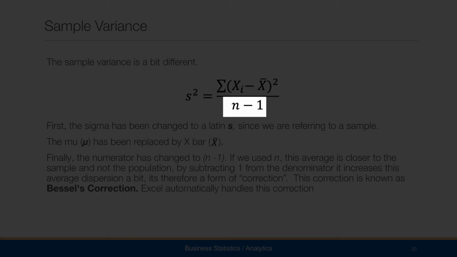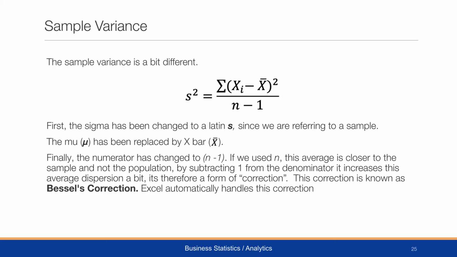If we used n, the average is closer to the sample and not the population. By subtracting 1 from the denominator, it increases the average dispersion a bit. In other words, we're not dividing by the full amount, we're dividing by 1 less than the full number, so our average is not going to be quite right. It's a form of correction, and it's known as Bessel's correction.